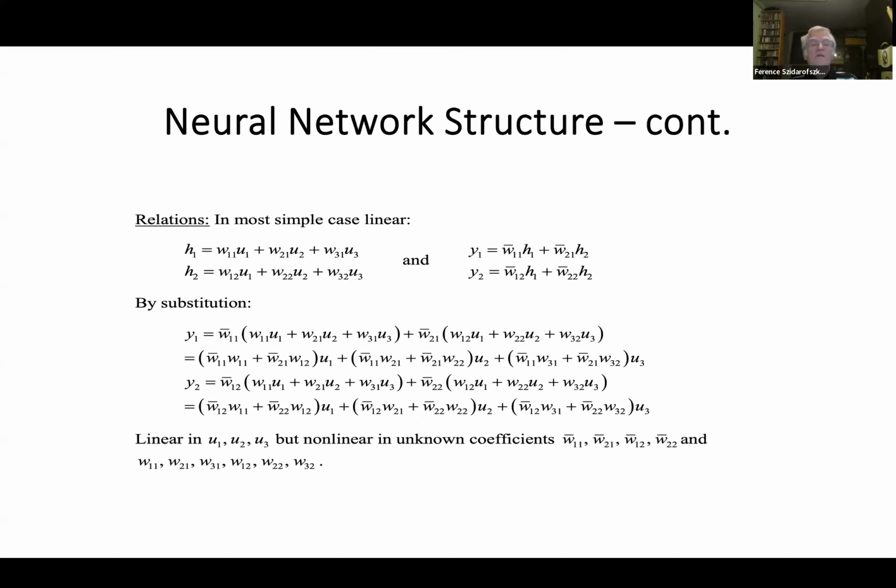You come up with an interesting combination of the unknown weights times the first input variable, plus an interesting combination of the weights times the second input variable, and so on. So we get both output variables as linear combinations of the inputs, but they are not independent of each other, because the same coefficients show up in the y1 and y2 equations.